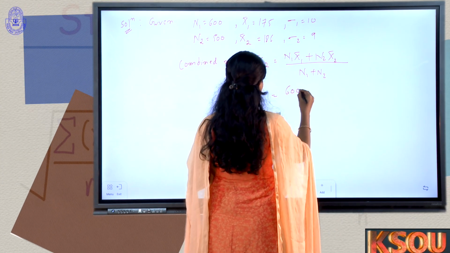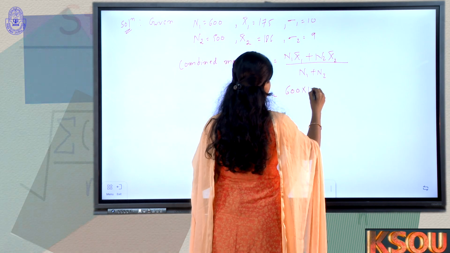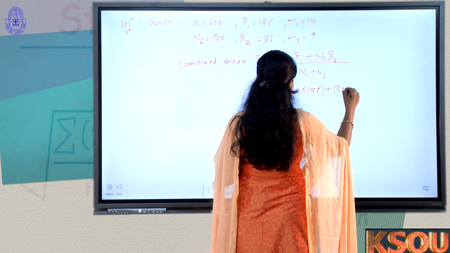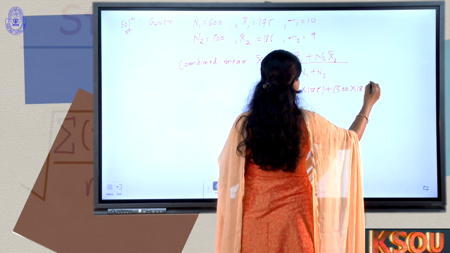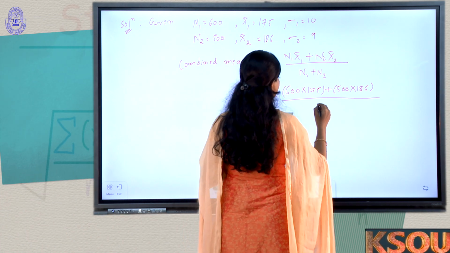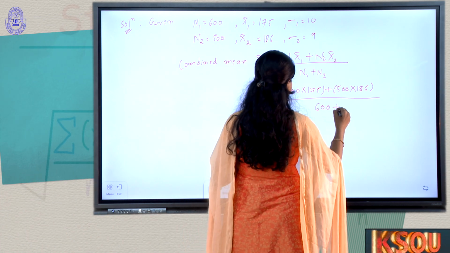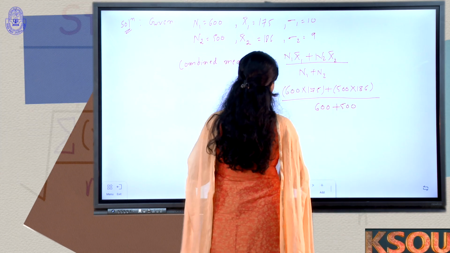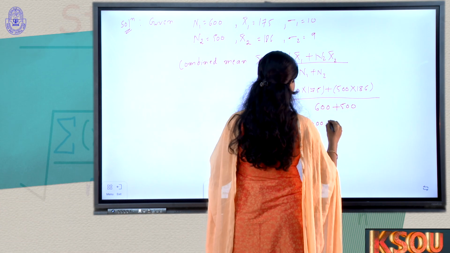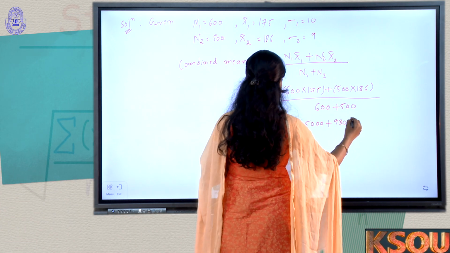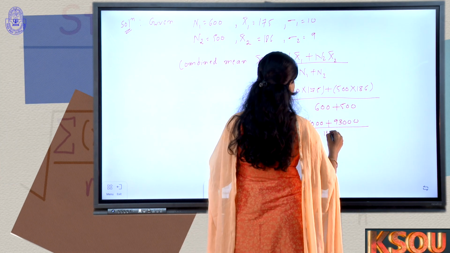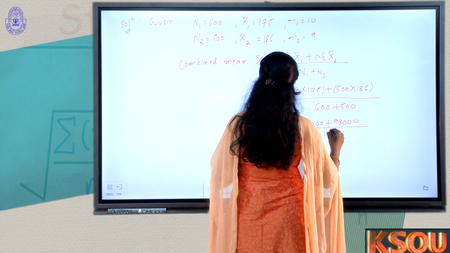So take n1, that is 600, into x1 bar 175, plus 500 into 186, that is with respect to n2 and x2 bar. Take n1 and n2, that is 600 and 500. In the denominator you will get 1100.